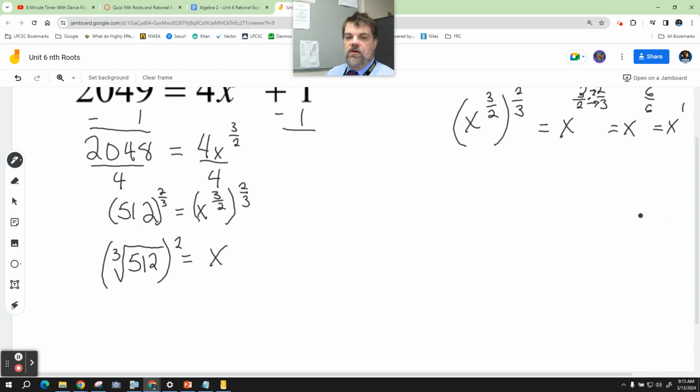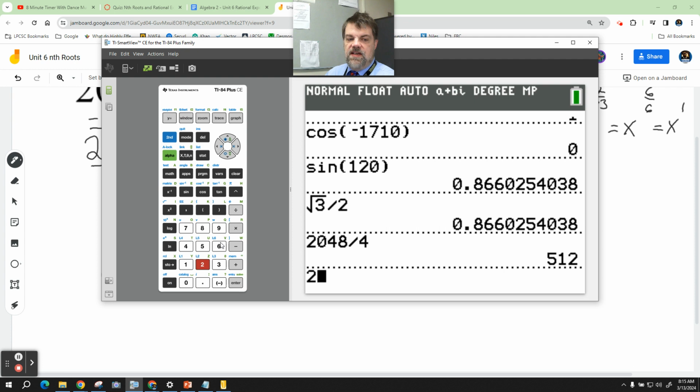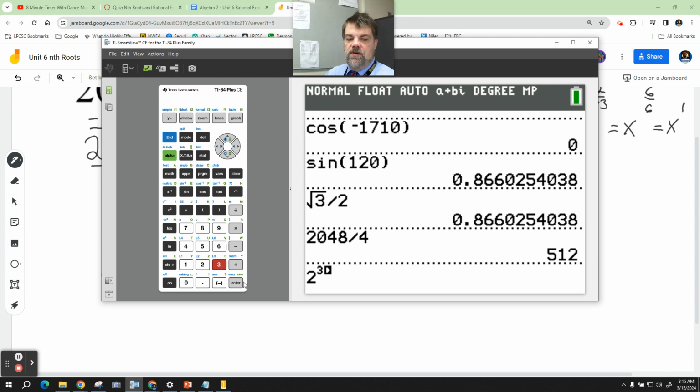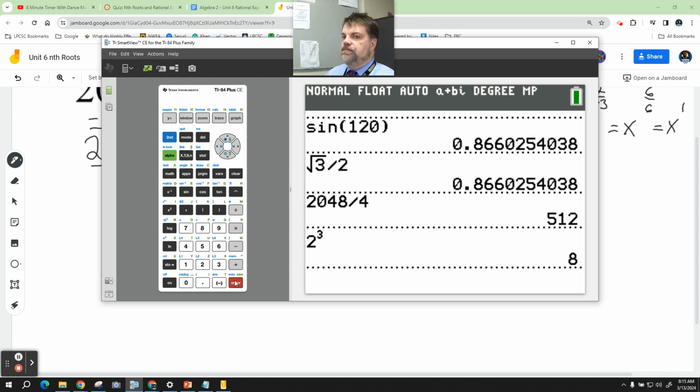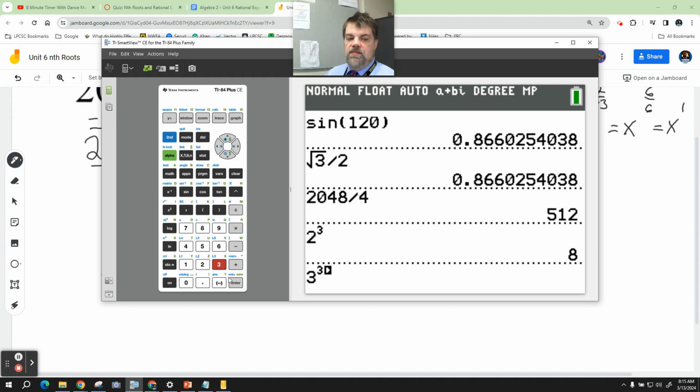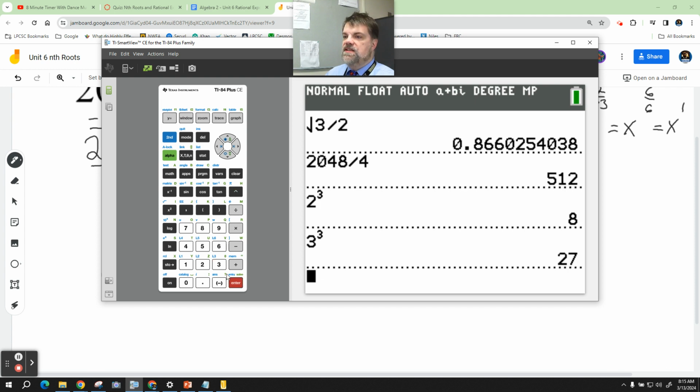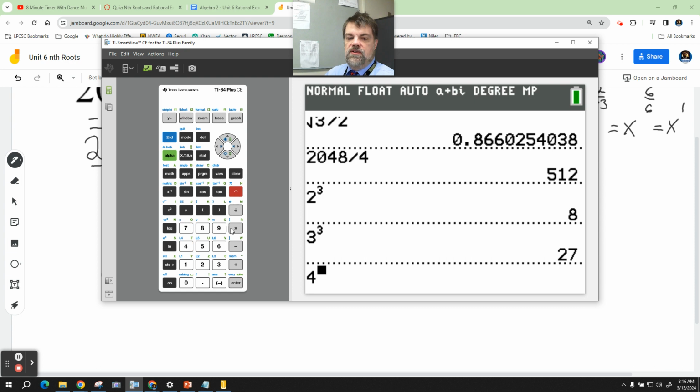Uh-oh. We got to go through and find the 3rd root. So what we do is we take our calculator and I say 2 raised to the 3rd power, 8. I say 3 raised to the 3rd power, 27. I say 4 raised to the 3rd power, right?